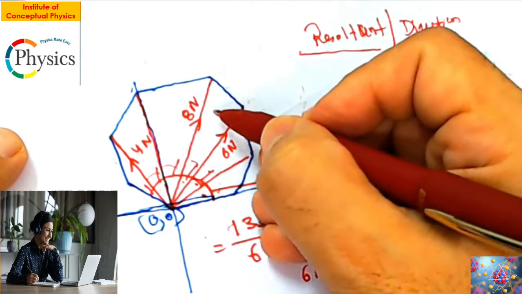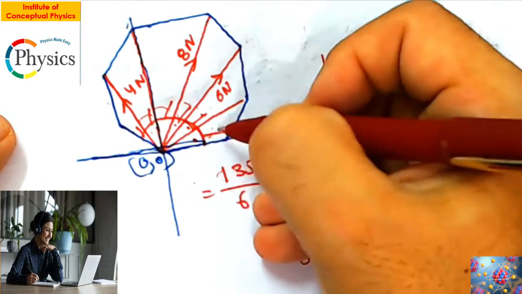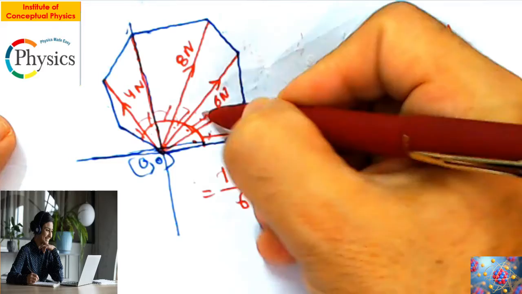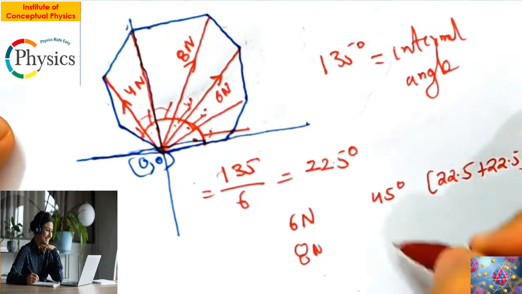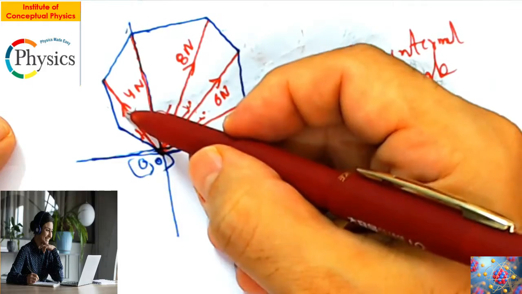Let's talk about 8 newtons. The 8 newton force is one more 22.5, so 22.5, 22.5, and 22.5, which makes it 67.5. And let's talk about 4 newtons.